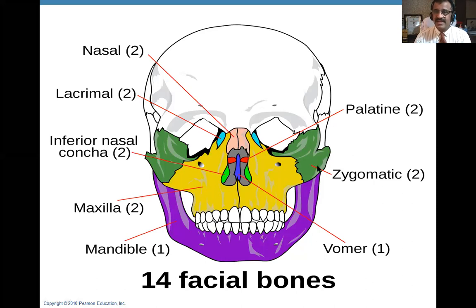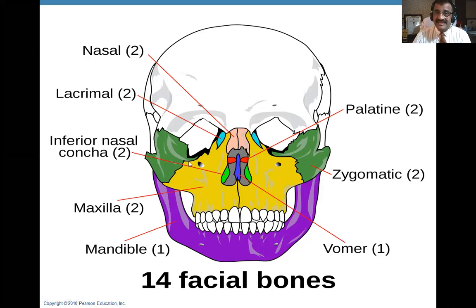Here, zygomatic bone. And this portion is called zygoma. Then there is a small bone at the base of your nose, the nasal bone. On the side of the nose, in the medial wall of the eye, there are 2 lacrimal bones.